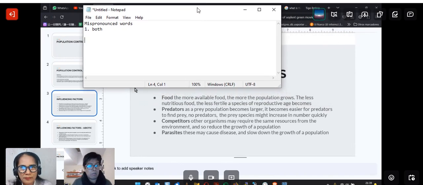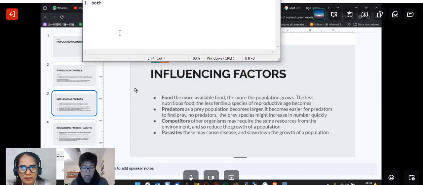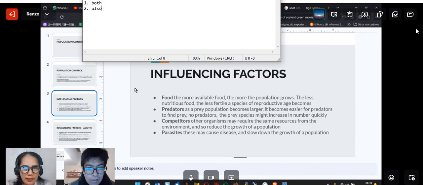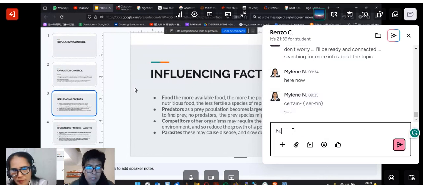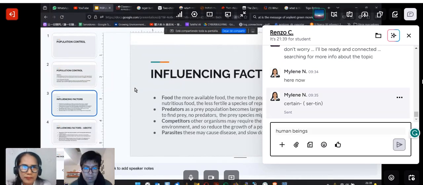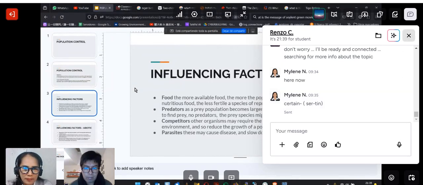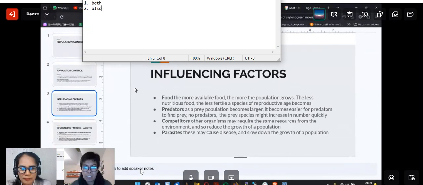Talking about both animals and also human beings, some influencing factors apply to both.